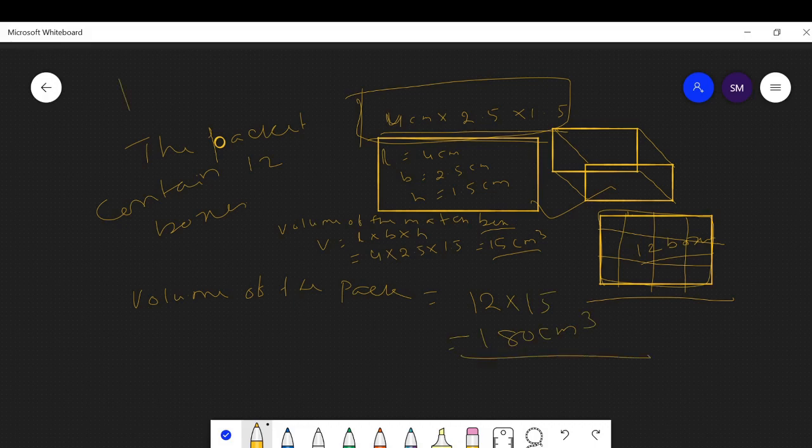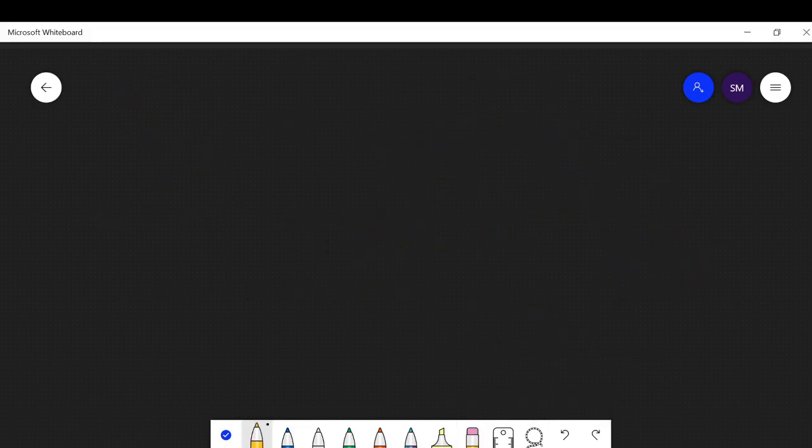So the volume of the pack is 180 centimeter cube. Final. Then next question.